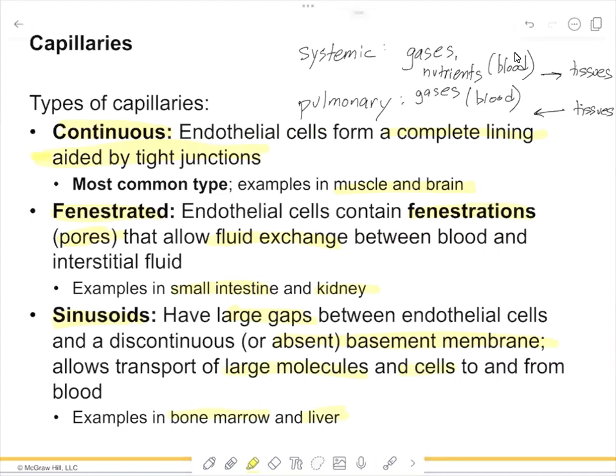So the continuous ones are the impermeable ones, essentially. Then as we go to fenestrated and sinusoids, they basically start to become more porous. So there's some fenestrations or pores in the small intestine and kidney, and there's large openings in the bone marrow as well as the liver for sinusoids.